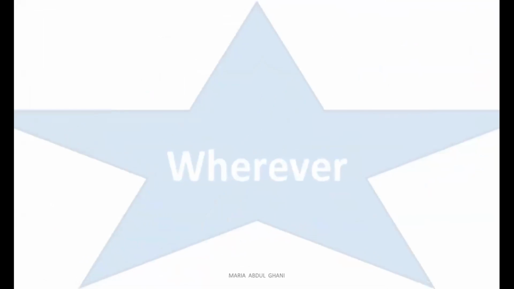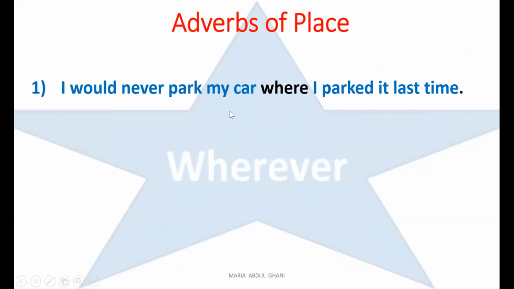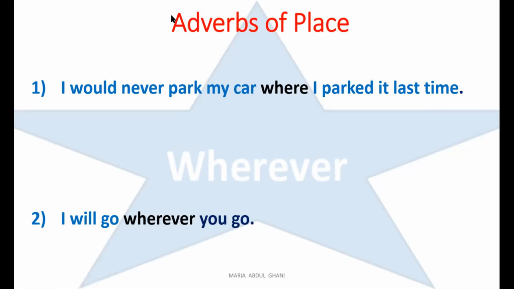Let's move to the adverbs of place. Number 1: I would never park my car where I parked it last time. Number 2: I will go wherever you go. Independent and dependent? Let's see who's going.